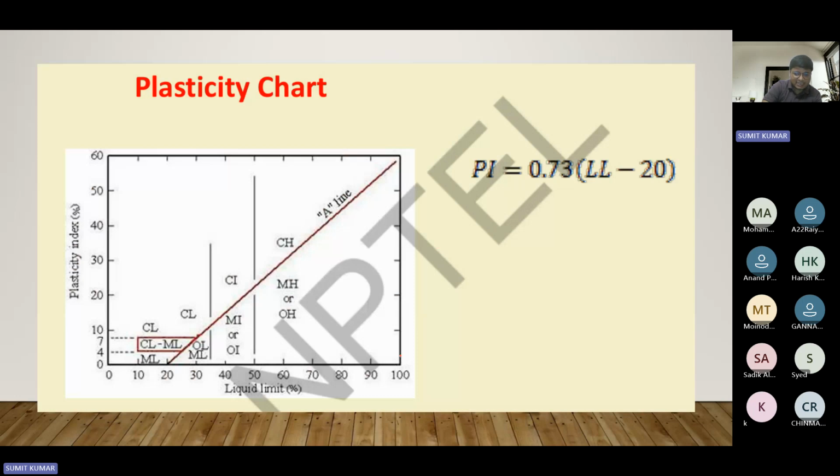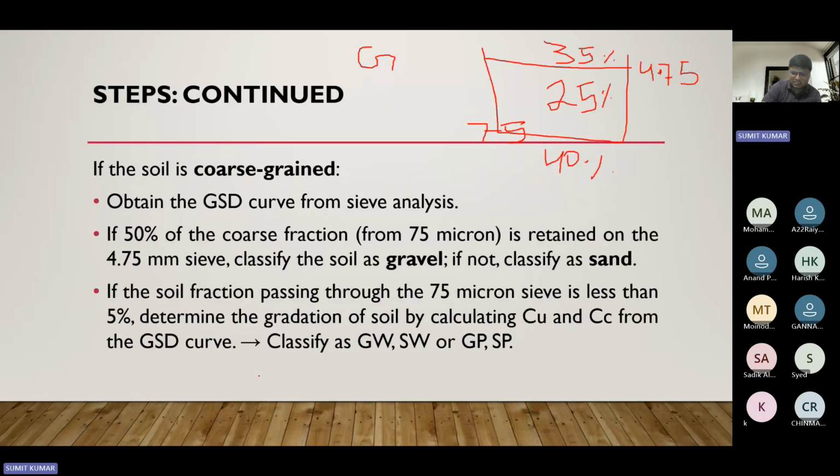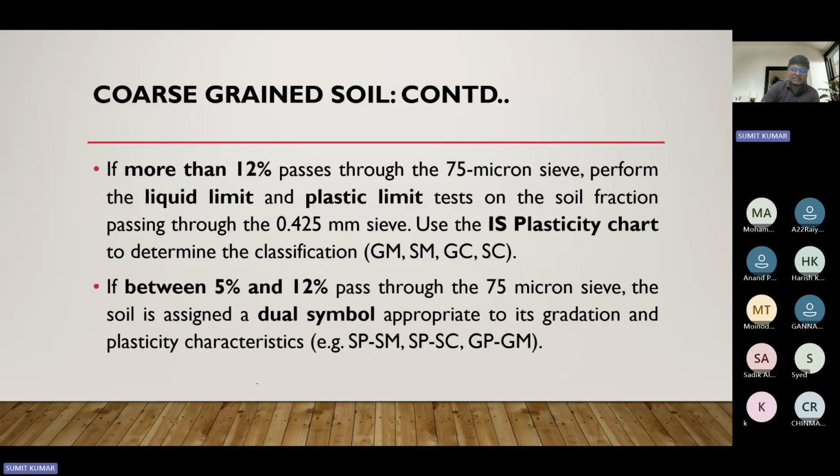You find whether the liquid limit is greater than 0.73 into LL minus 20 or less than. If it is greater, then it is classified as clay, and if it is less, it is classified as silt. That's only written over here. I think so. I will read it. That plasticity chart will classify it as GM, SM, or GC, SC.